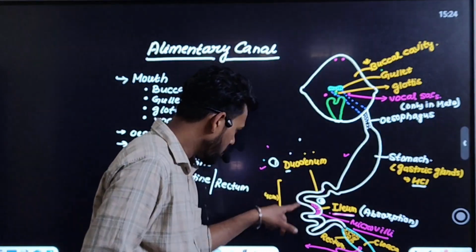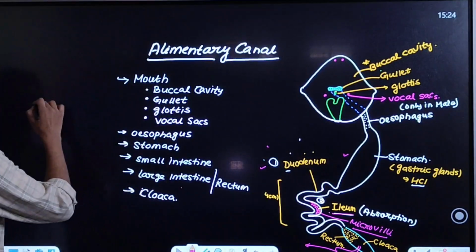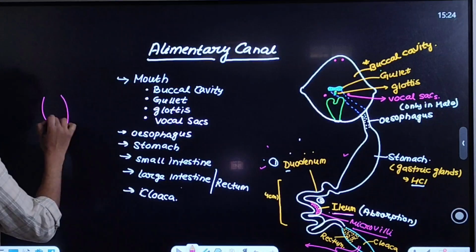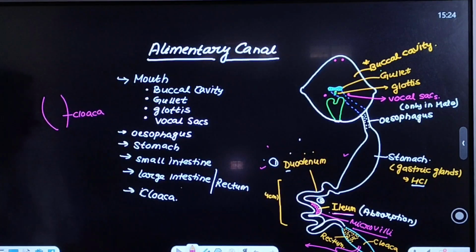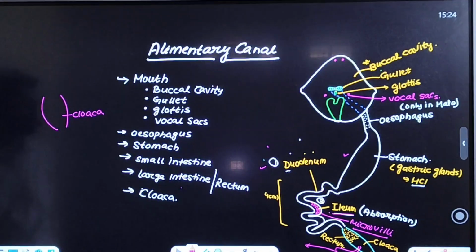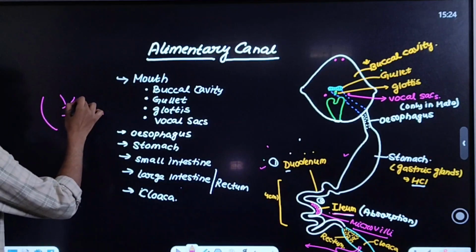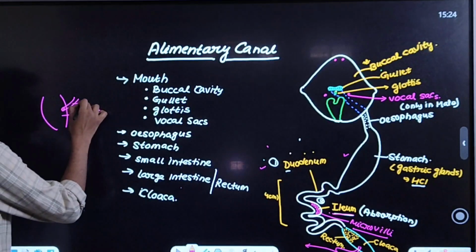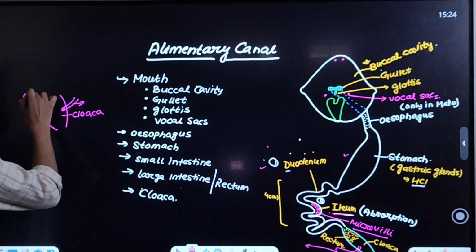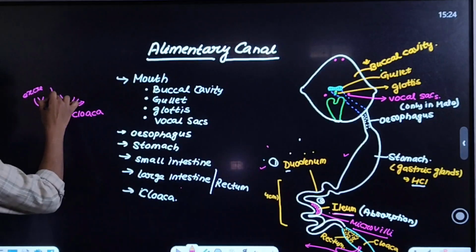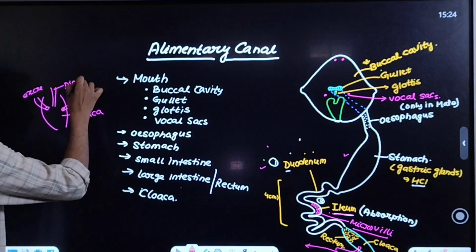First of all, the digestive opening. It is a site where we can write, if this is the cloaca, at cloaca there is an opening of the reproductive system, an opening of excretory system, and an opening of digestive system.